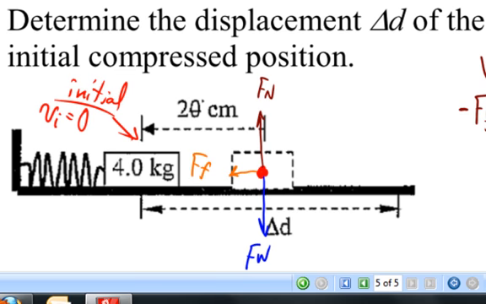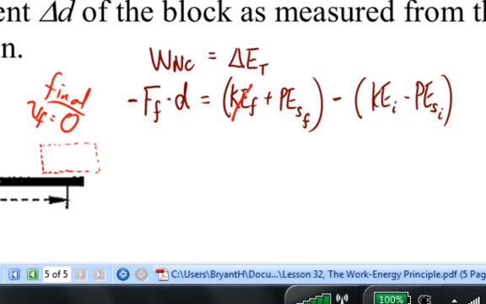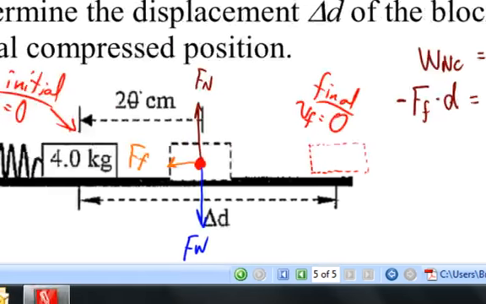What about the final position? The final position is where the block comes to a stop, over on the right side. How fast is the block moving when it comes to a stop? It's moving at zero. So the final speed of the block is also zero. What that means is that the final kinetic energy and the initial kinetic energy disappear in this equation. What about the spring's energy?